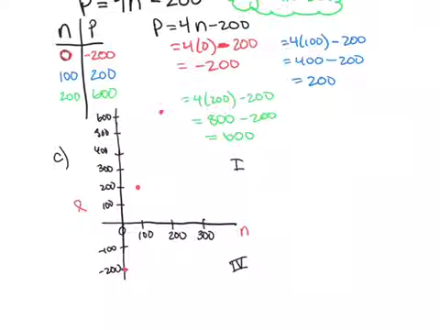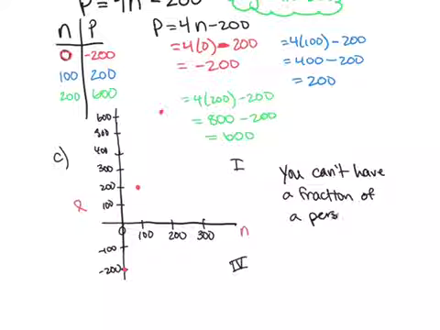Well, money, you can have parts of money, but you can't have parts of people. So for this one, you can't have a fraction of a person attend a dance, right? And that's what it would mean.